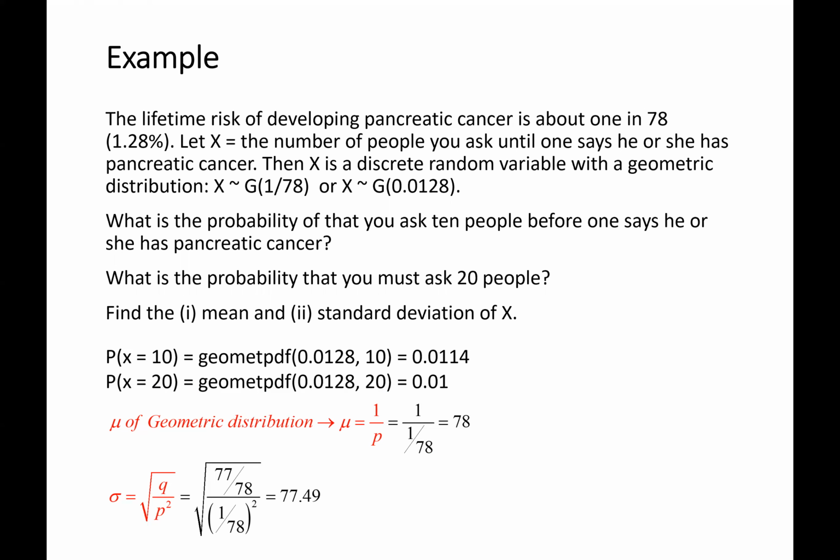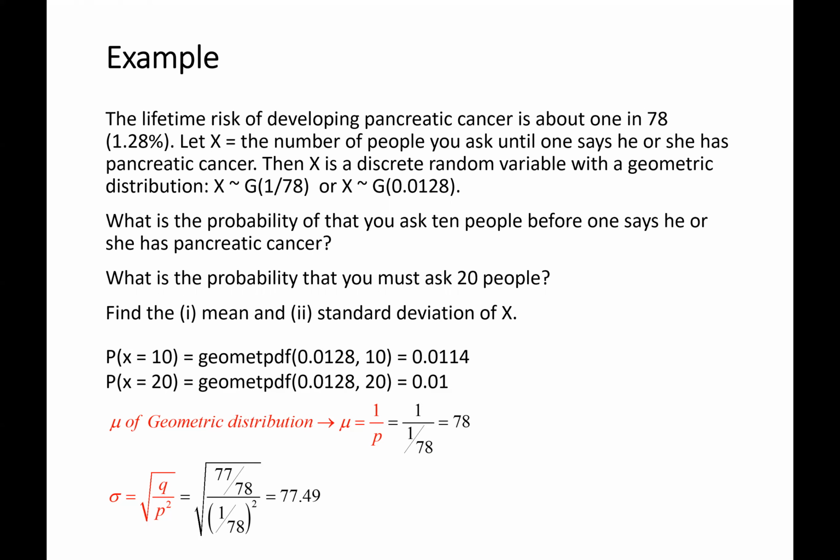So X is geometric with the probability of a success, or the probability of finding someone who has pancreatic cancer, to be 1 over 78 or 0.0128.